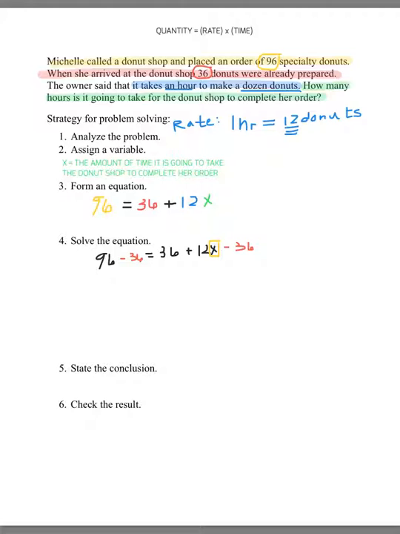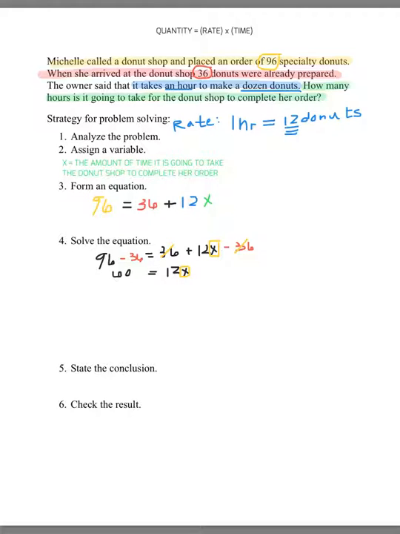So then on the right-hand side of the equation, we're going to have a positive 36 minus a 36. So we're going to be left with 12x. And then on the left-hand side, we're going to have 96 minus 36, which is 60. Now the last step in isolating the x is to eliminate the multiplication by 12.